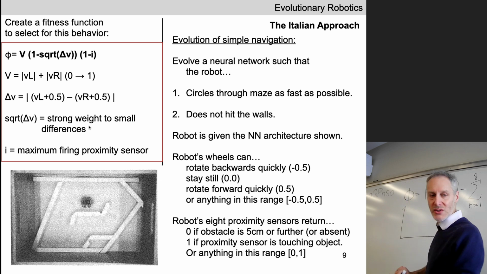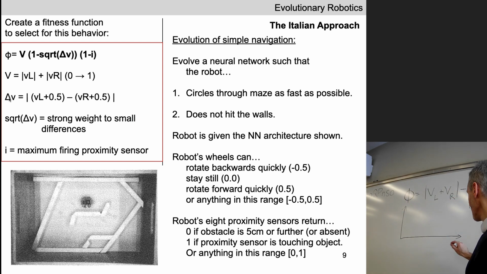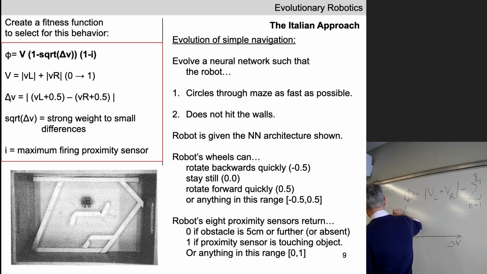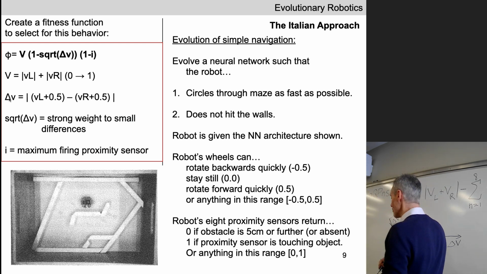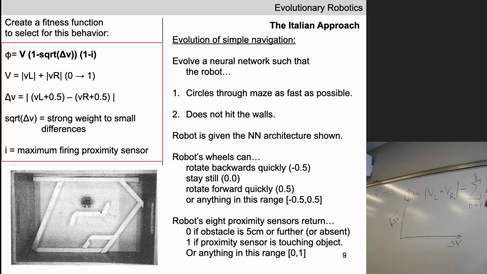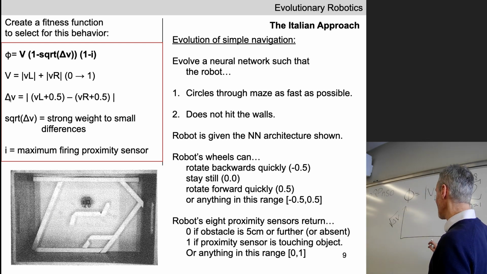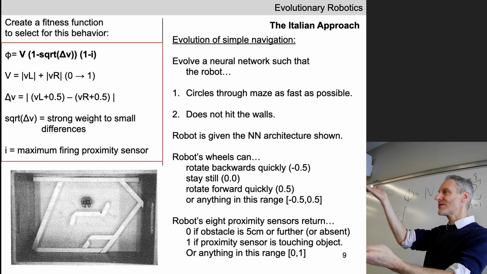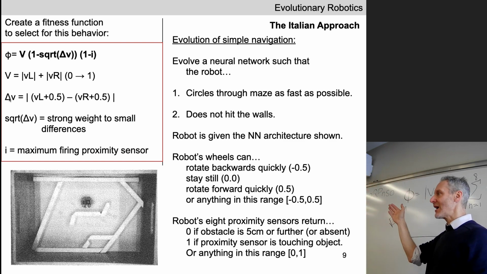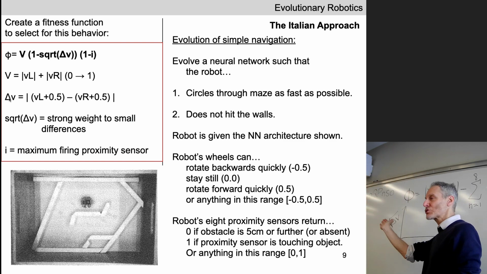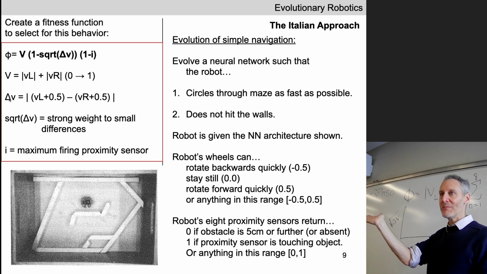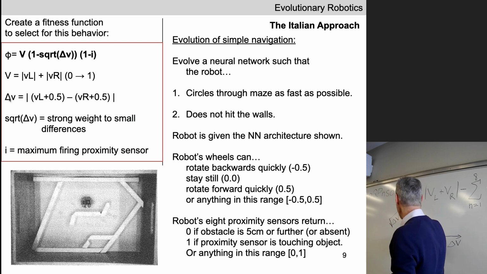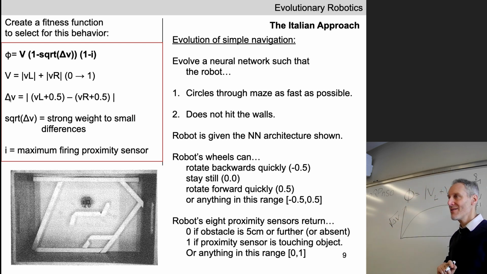Okay. Let's plot on the horizontal axis delta V here. And then let's plot on the vertical axis here the square root of delta V. As delta V starts to increase, as the differences between VL and VR start to diverge, as the evolutionary algorithm is starting to evolve a robot that's turning and swerving through the maze, which is what we don't want, the square root, you may remember, has a curve that looks like this.